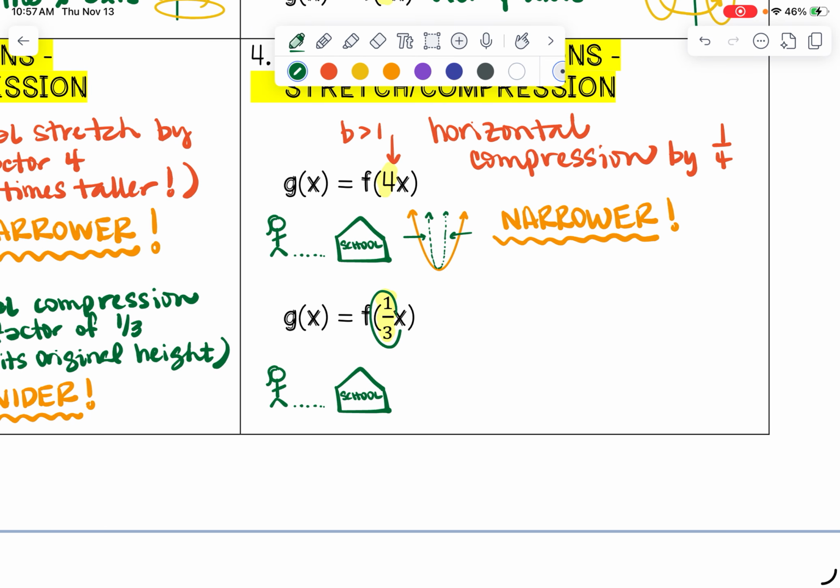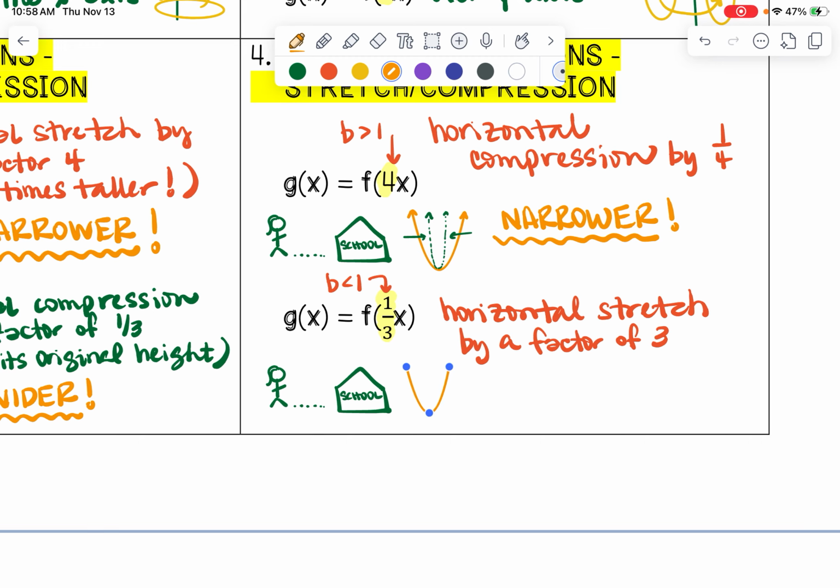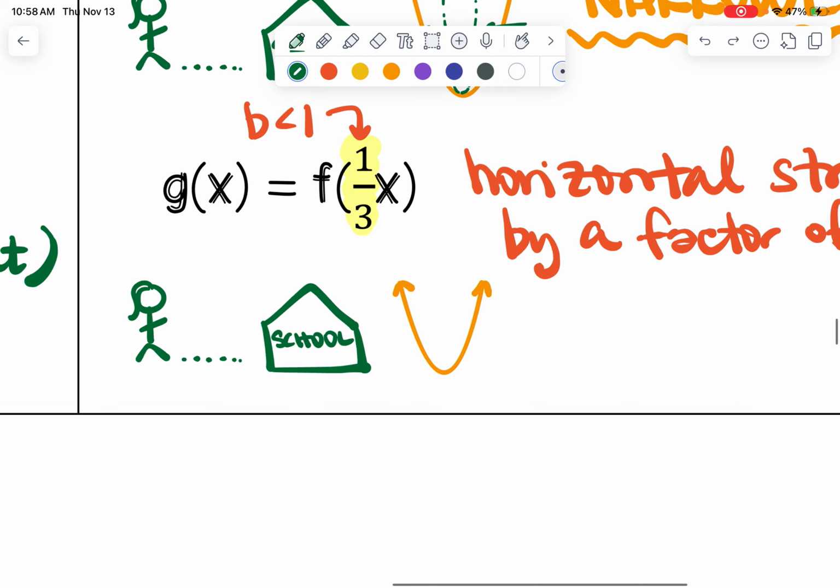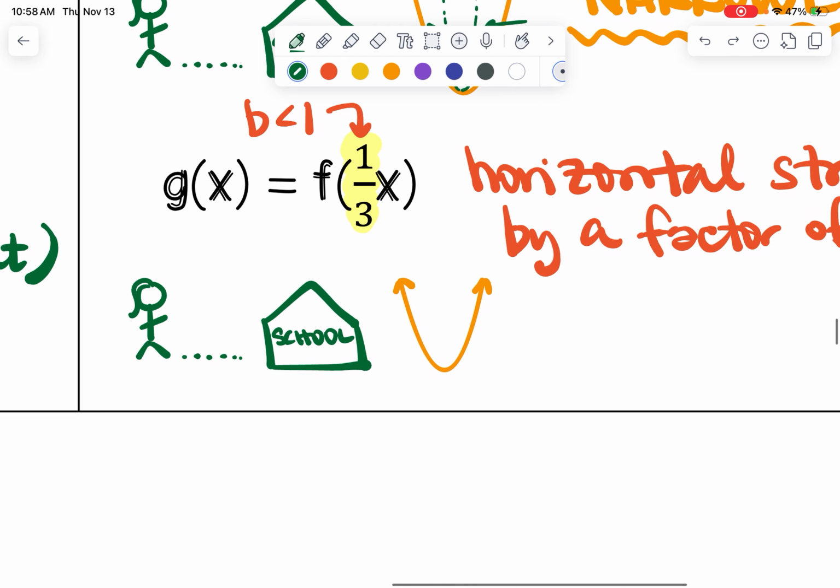Now, why is that happening? Well, again, I'm going to talk about the same exact walking to school analogy, right? But now I'm being very slow. I'm going 1/3 my normal speed, right? Well, if I'm walking 1/3 my normal speed, then it's going to take me much longer to get to school, right?